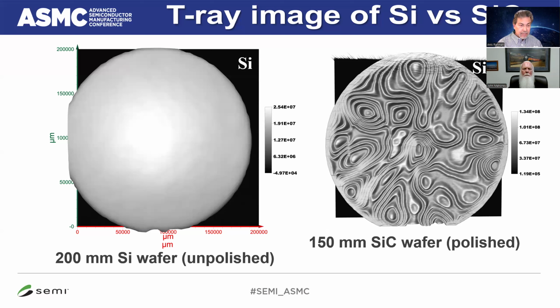Nonetheless, this silicon is a single crystal, 200 millimeter, 001 silicon wafer, manufactured by a reputable company, and we have all their data. We see that there is no such pattern like this, and this pattern is there. It's not an artifact. We have seen in more than one way that it is there.